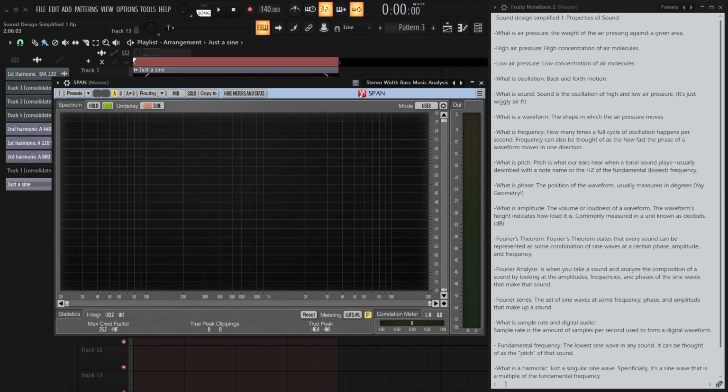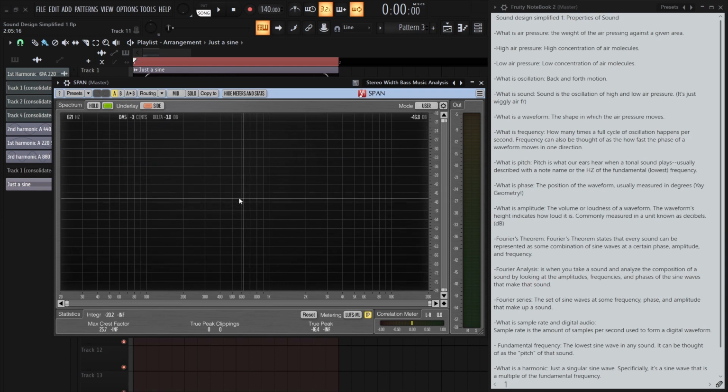Like amplitude, frequency is measured on a logarithmic scale. There are way more high frequencies than there are low frequencies. So if we look at 10,000 hertz to 20,000 hertz, it's this tiny space over here, right? But if we go from 20 hertz to 1,000 hertz, it's way bigger.